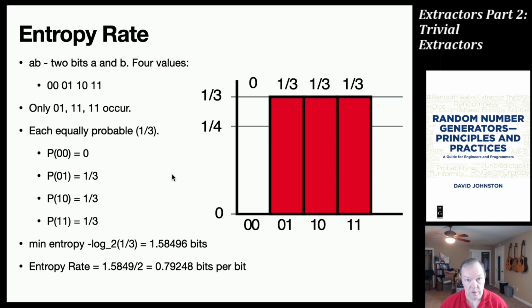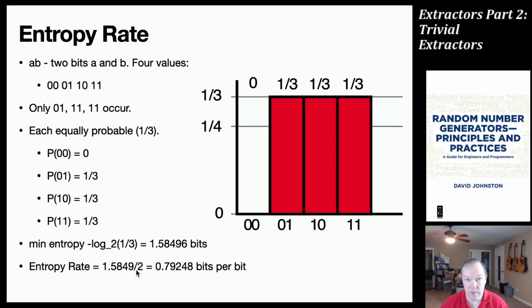And using our definition for min entropy, what is the most likely symbol? Well, they're all equally probable, so we've got our maximum probability of 1/3. So negative log 2 of 1/3 is 1.58. The entropy rate is the amount of entropy out per bit. And each time we get one of these symbols with 1.58496 bits of entropy, we're getting 2 bits.